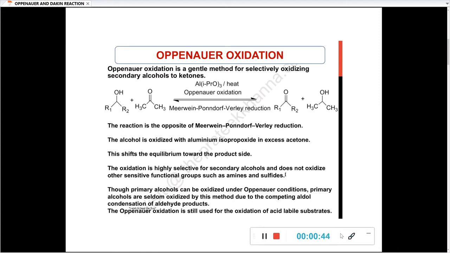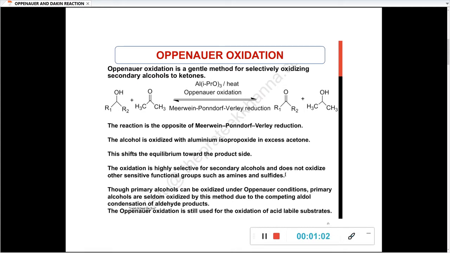Now, if you look at this reaction, you can see that this is a reversible reaction, which means that the ketone which is formed can be reduced back to their corresponding secondary alcohols using the same catalyst.